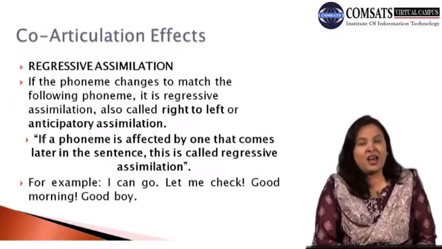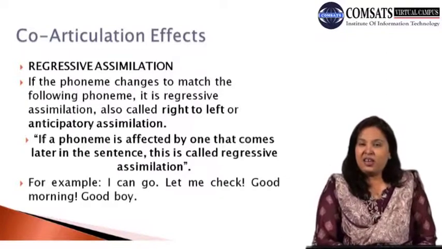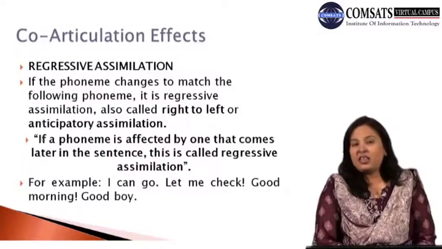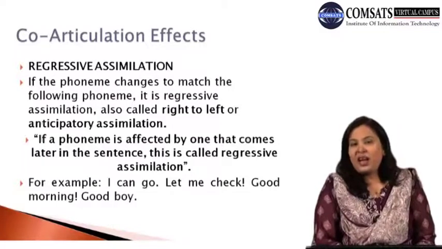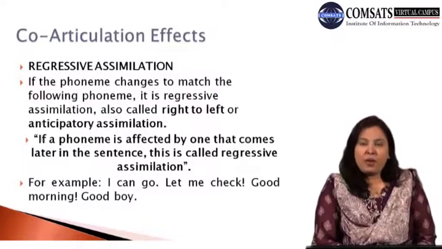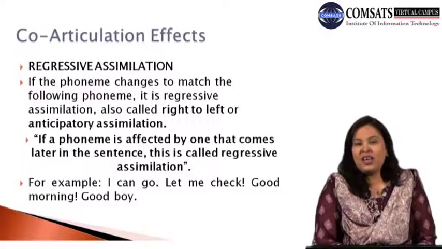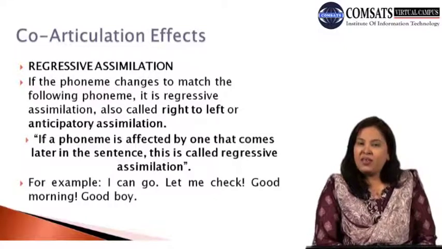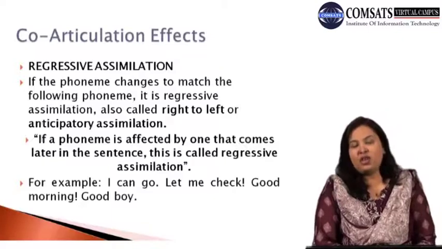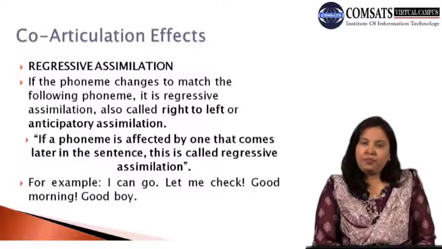Once again da and ba are assimilating. The da sound is getting affected by the next following sound, that is ba, and it is almost disappearing as good boy, because the next phoneme is more powerful than the previous one. So this way regressive assimilation is happening.